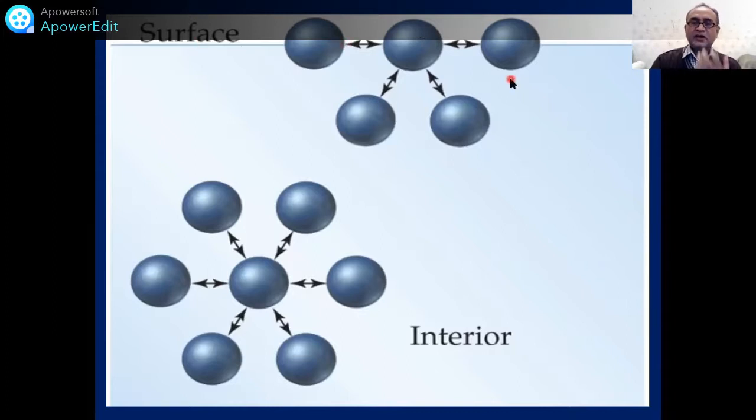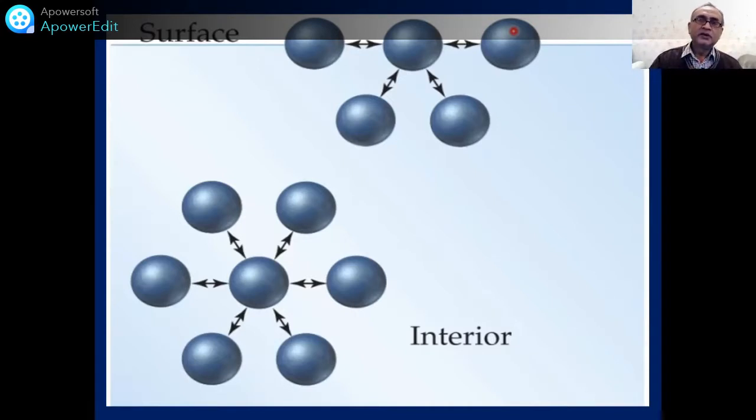So to overcome this downward pull, the surface molecules develop a force among themselves. This force is called surface tension. It is the force at the surface of the liquid, like the stretched surface of a trampoline provides a force to balance weight. Similarly, here the unbalanced downward pull can be balanced by stretching the surface, due to the creation of a force among the surface molecules.